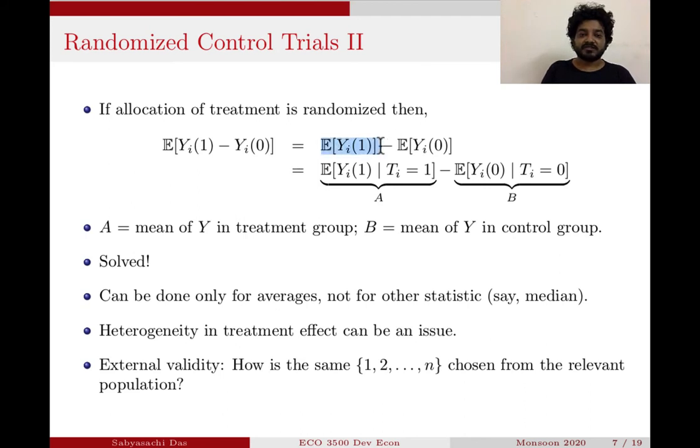So what is the first term? The first term is the expected value, the average value of, say, the savings rate for all the individuals if all the individuals get treated, the entire n people. If all of them have bank accounts, what is the average savings? That object you don't know, because some of them have bank accounts and some of them don't.